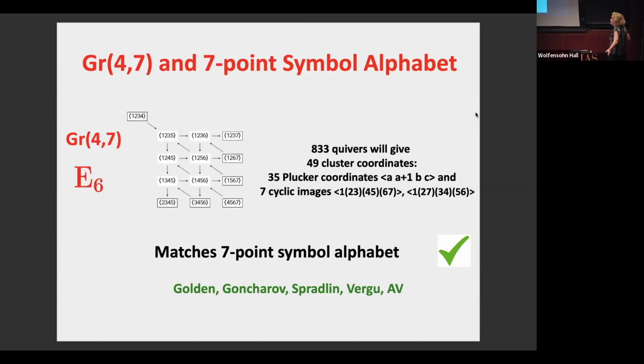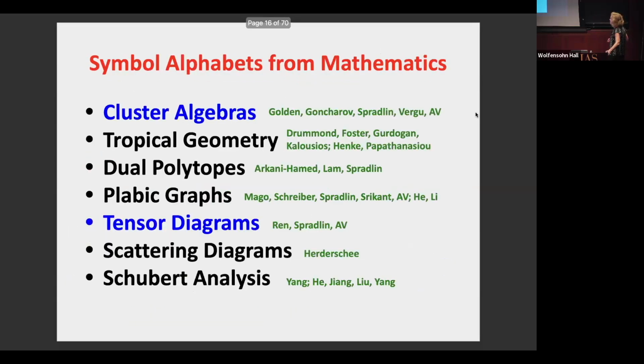For Gr(4,7), that's also the quiver you start with. In this case, if you start mutating, there will be 833 quivers, and that gives you 49 cluster coordinates. There are 35 Pluckers, and there are 14 more. Remember, this gives you exactly the alphabet.